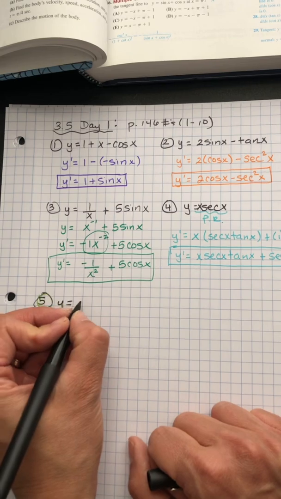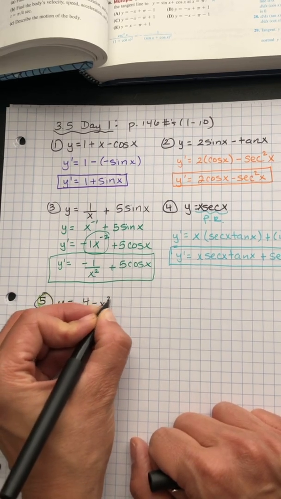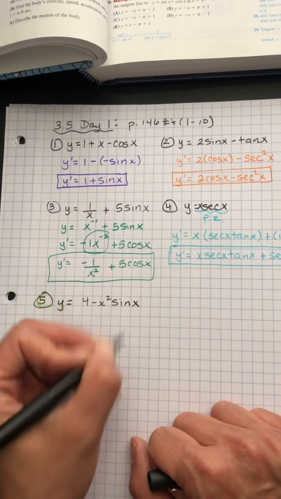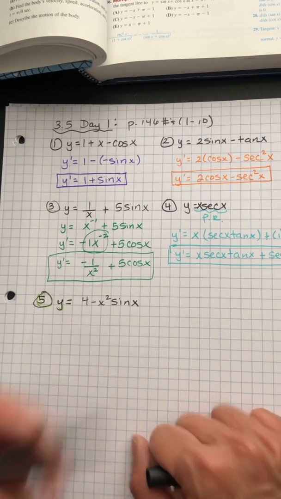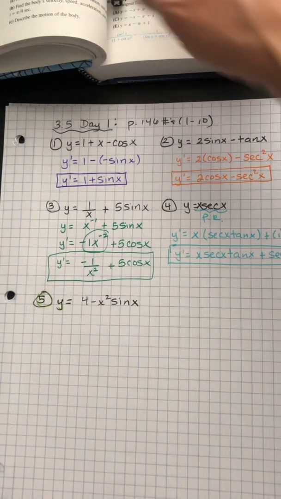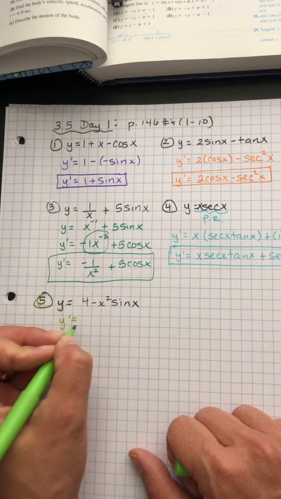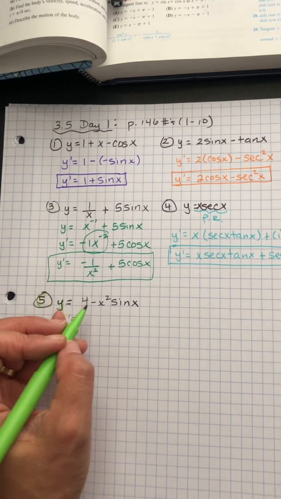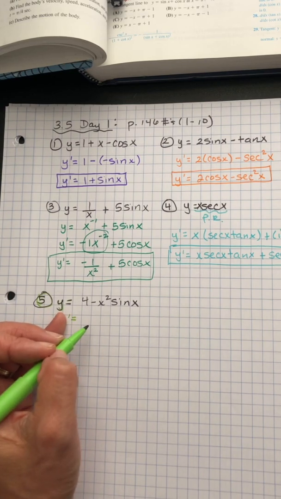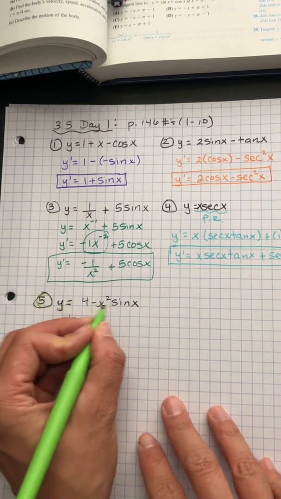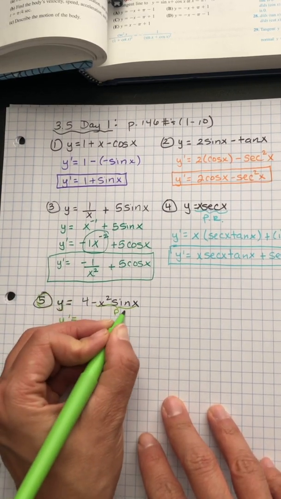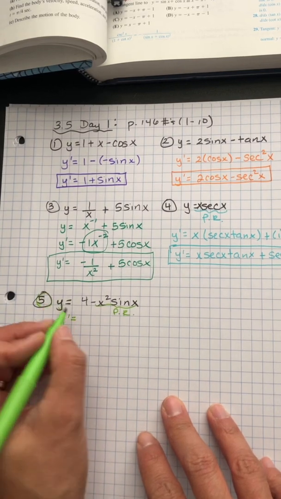Y equals 4 minus x squared sine x. Okay, so need to take a derivative. And the derivative of a constant, that 4, would be 0, so I'm not even going to worry about it. But I am going to need to use the product rule on this part of it.